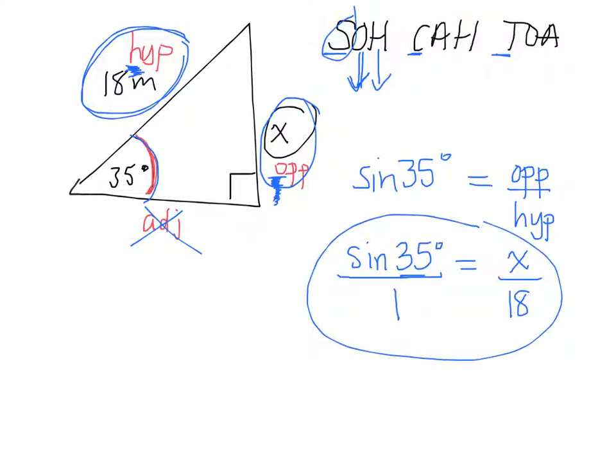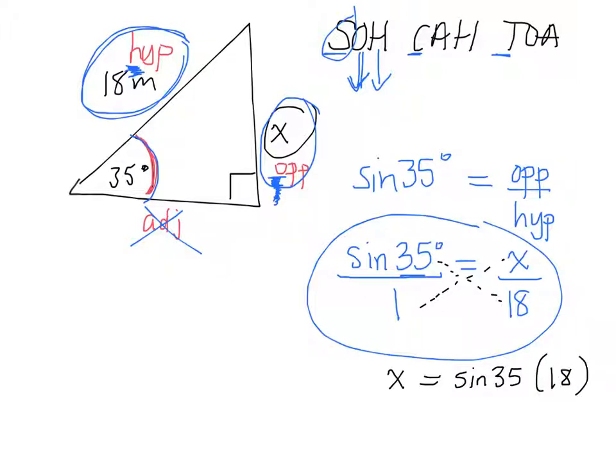What did you learn? How do you solve a proportion? Cross multiply. What's 1 times X? 1x, or just x. And then we're going to multiply sine 35 times 18. So this is where you're going to punch it in your calculator.